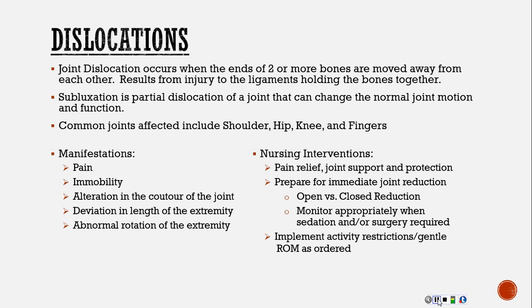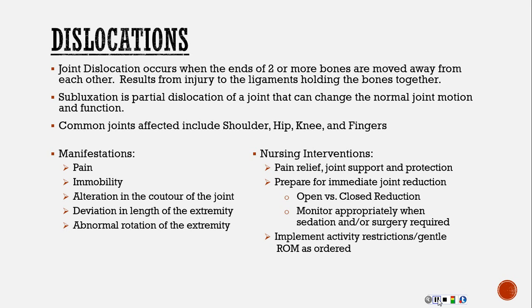All right, and then finally, implement activity restrictions and general range of motion as ordered. Okay. Follow your orders as far as activity goes. I mean, and we had standing orders, not in terms of medicine, but we just had kind of standing protocols that we followed. You've got a traction patient coming in.